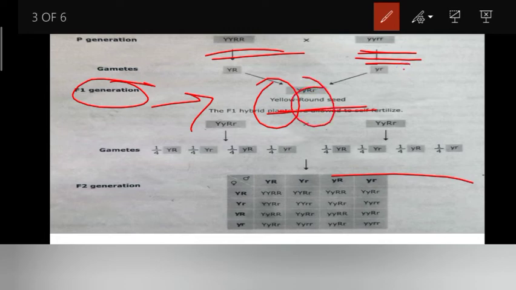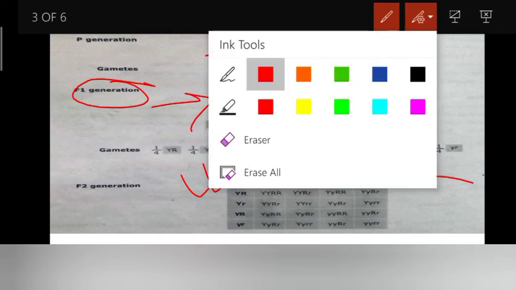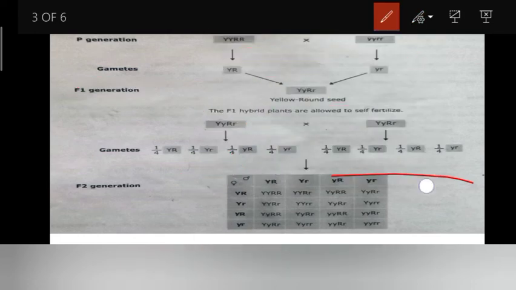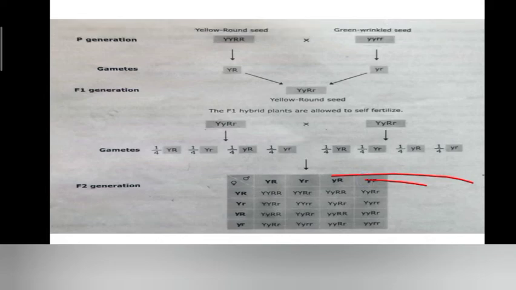When the F1 hybrid plants are crossed to each other and allowed to self-fertilize, then the F2 generation forms in the following figure. Now I summarize the independent law.